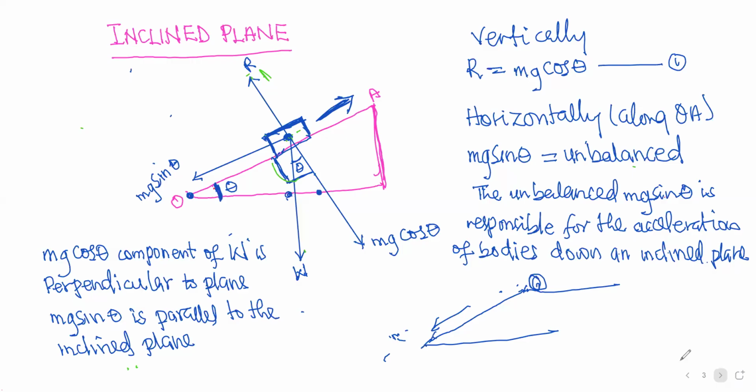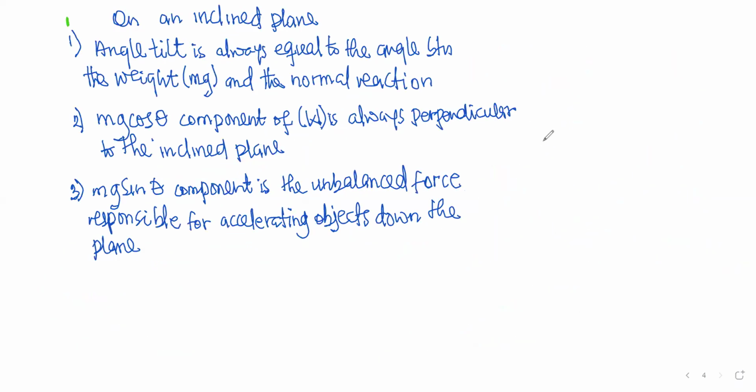So let me create a simple question for you, at least for you to have a feel of how it is used to solve problems. We have an inclined plane.